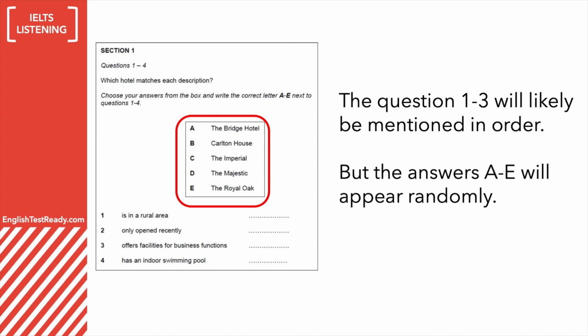So for this sample question, the speakers will first talk about in a rural area, then only opened recently, and so on. The options, in this example, the hotel names, will be heard in any order. If you read the questions very carefully before you begin listening, then you can pay attention mostly on the answers as they come, because you'll know that the questions will be mentioned in order. This shows the importance of pre-reading the questions really carefully before the listening starts.